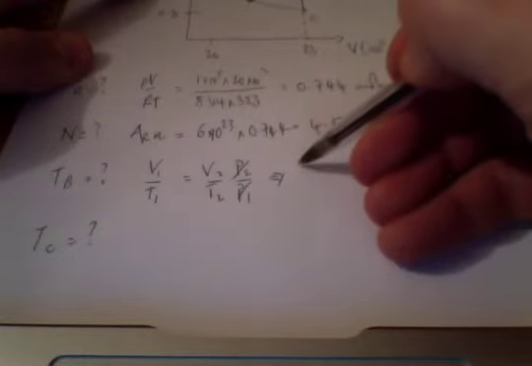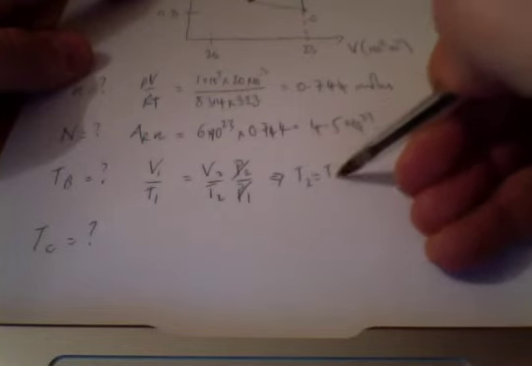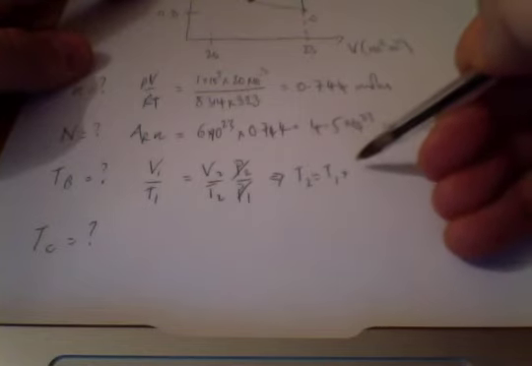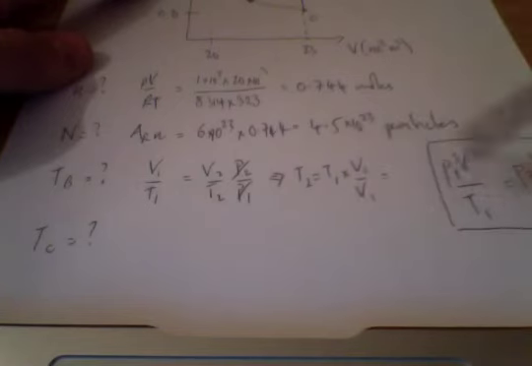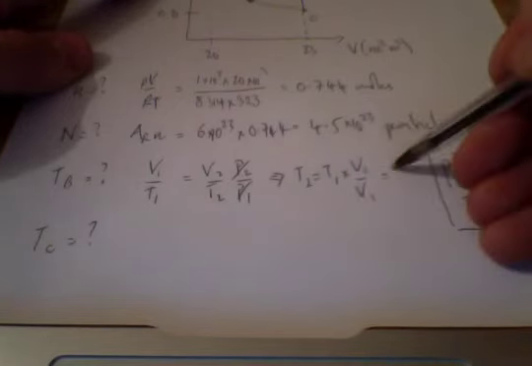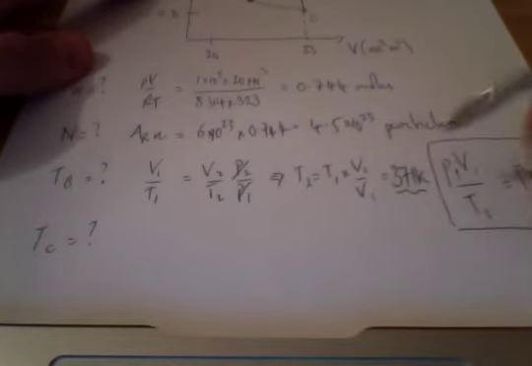So therefore, the new temperature is going to be the old temperature multiplied by the ratio of the volumes. I don't have space to write it in there, but I have done previously, and that comes out as 371 Kelvin.